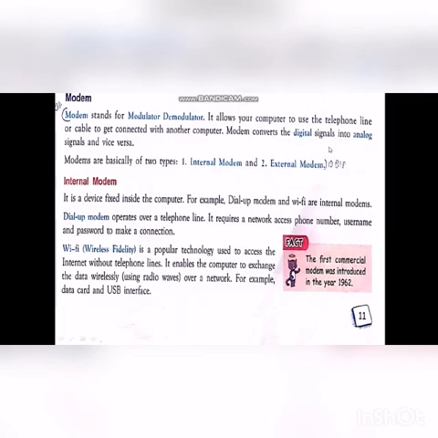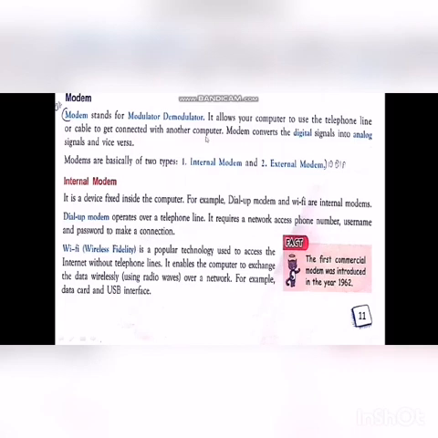Modem converts a digital signal into analog signals and vice versa. Here I want to explain you about the modem. Modem is a device which is used to get connected with another computer through the telephone line. Why do we use telephone line? For getting connection with the internet.